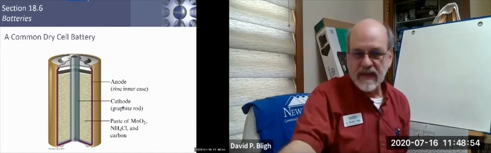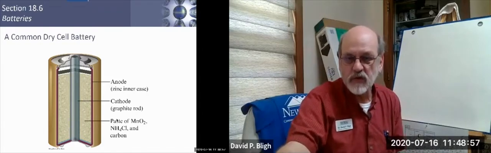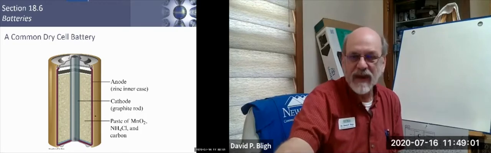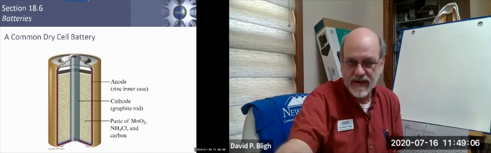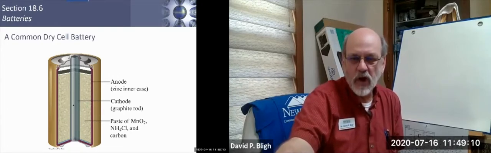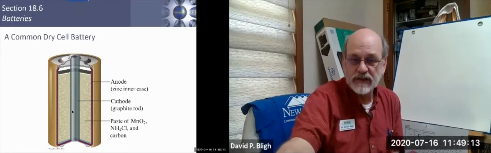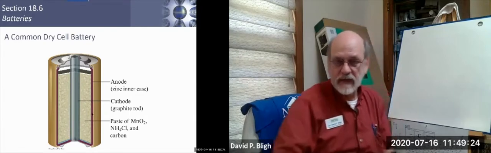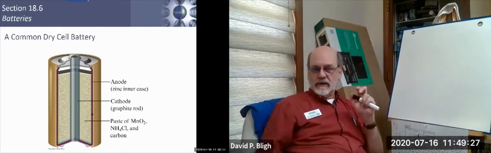But we do make the reaction mixture into a paste. And the anode is the zinc liner inside. So there's your zinc liner, and there's the carbon rod that's simply there to conduct electricity. So the reaction itself occurs at the rod for one reaction and at the zinc layer for the other. The zinc is the anode. So remember what we said.